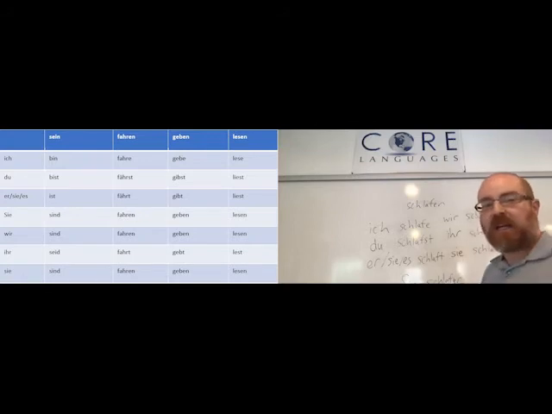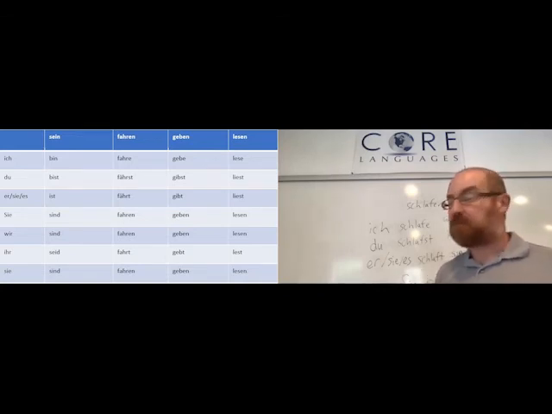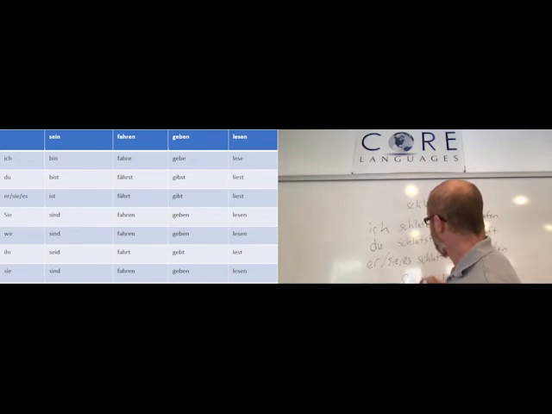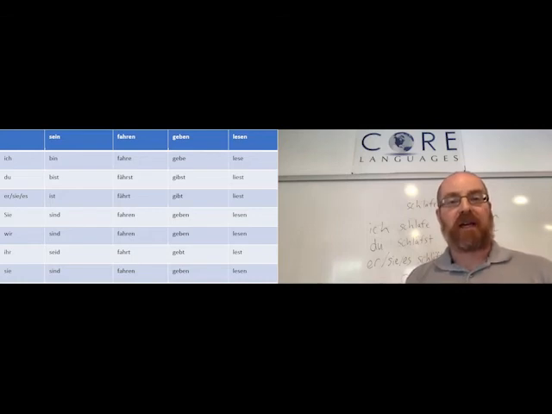We add our t. Now, again, stem vowel change occurs here, and we're going to add an umlaut to the stem vowel for the du and the er/sie/es forms. In German, adding that umlaut is not just putting two dots above the letter A, it becomes a whole other vowel.